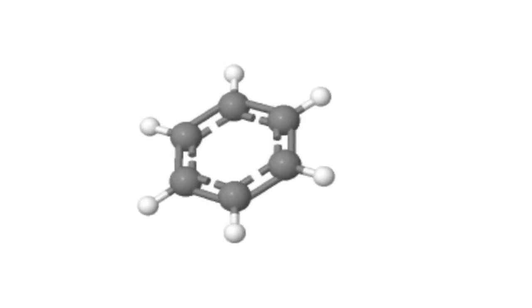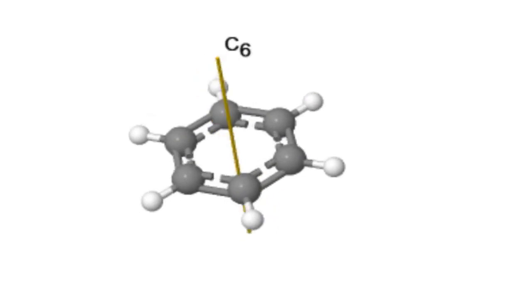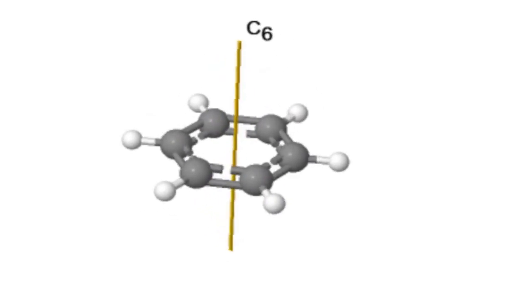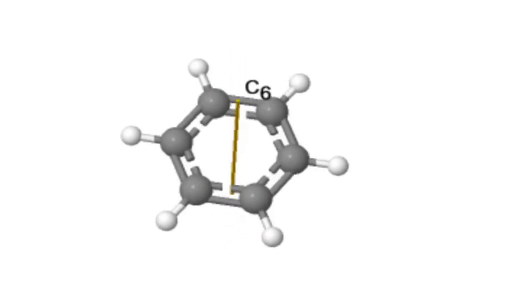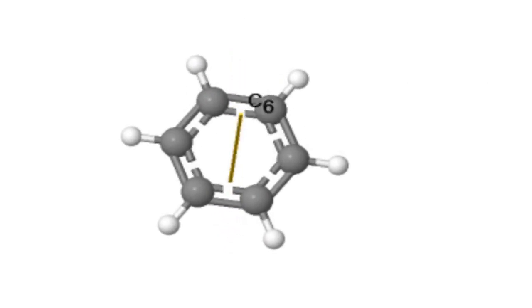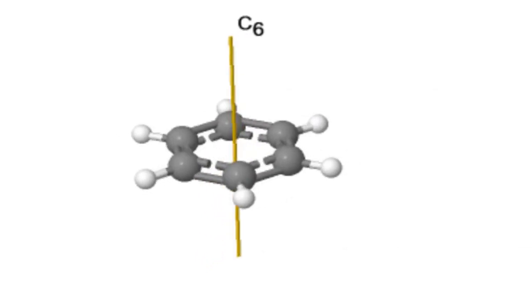Coming to the case of benzene in a little more detail, this is the benzene molecule, the three-dimensional structure. Now consider an imaginary axis passing through the center of the molecule. In symmetry terminology it is called a C6 axis, about which you will learn in a later class.